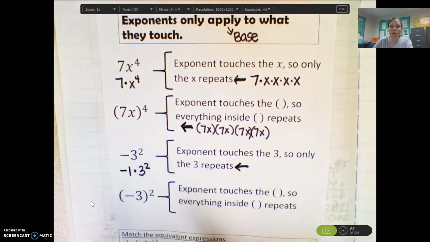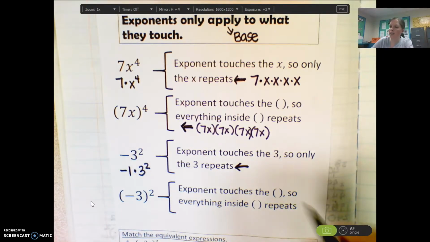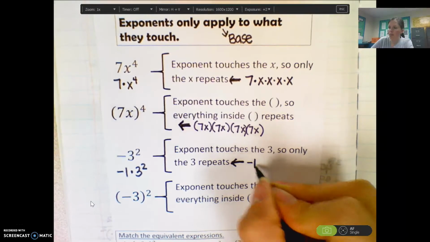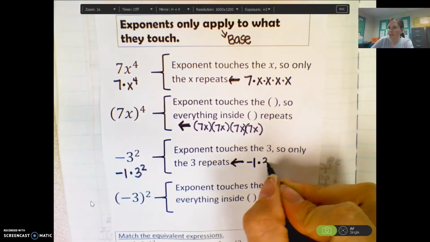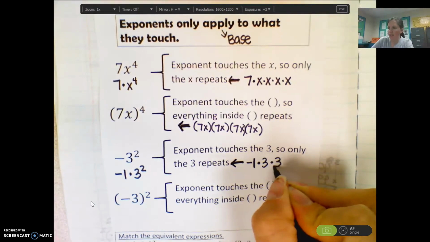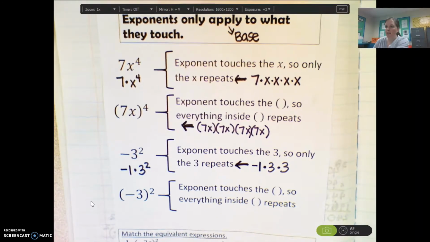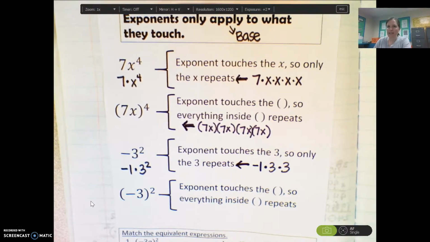The exponent is only touching the 3. It is confusing when you first see the difference between the parentheses and not. But in this case, the 3 is what's repeating, not the negative sign, or if you want to think of it as -1, that is fine too. But the 3 repeats, the negative sign does not.